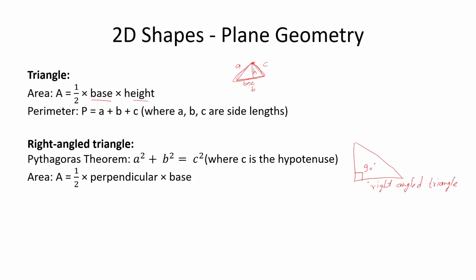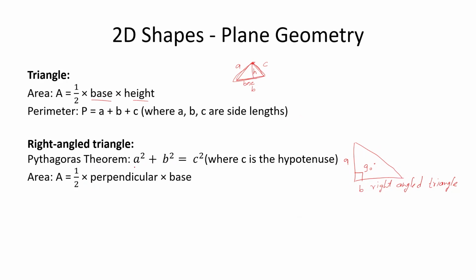If your triangle is right angled, then you can apply the Pythagoras theorem. According to this theorem, if this side is A and this side is B, you can calculate this side. You don't need to know all three sides; only two sides can give you the third side.